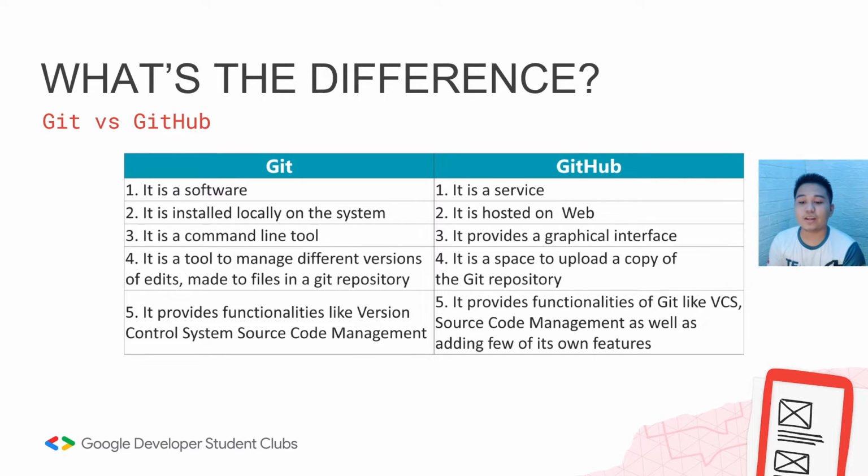Next, it provides functionalities like version control system and source code management, like Git, like VCS. So Git has the functions that GitHub services and runs. Again, you cannot run GitHub without Git.